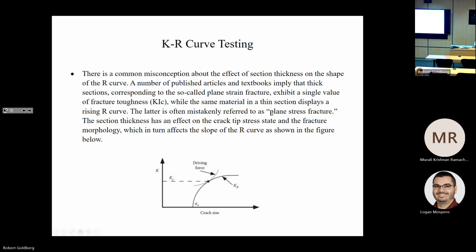And the effect of the section thickness on the shape of the R curve, according to the author, a lot of articles say that the thick sections exhibit a single value of K1C while the same material displays a rising R curve. And this whole bit about whether it's plane stress fracture or plane strain fracture. The thickness has an effect on the crack tip stress state, which does affect the slope of the R curve.